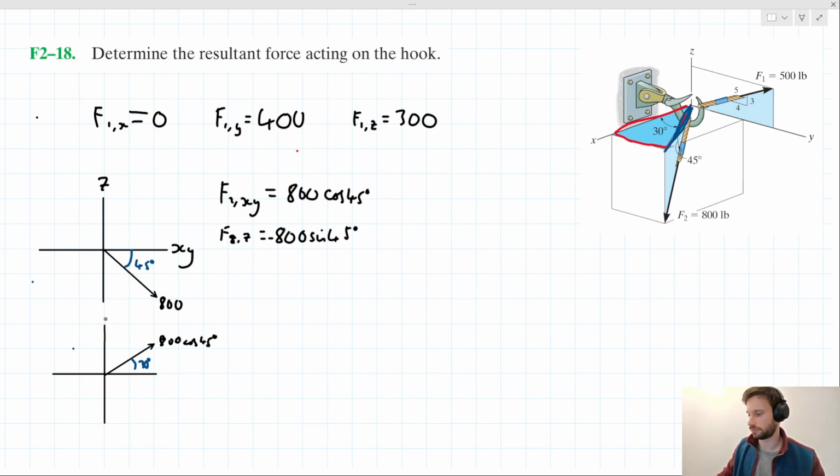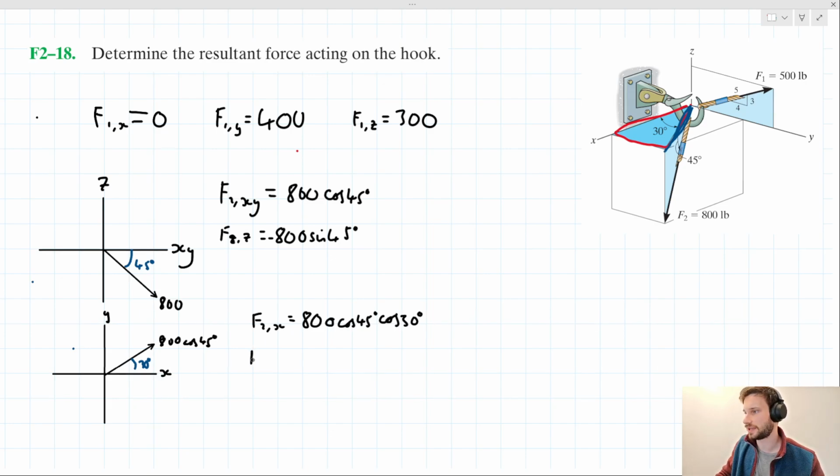So we can say this has a magnitude of 800 cos 45. And I haven't labeled up my axes here. I can say that's the y-axis, that's the x-axis. We can say then that F2,x in this context is 800 cos 45 cos 30.